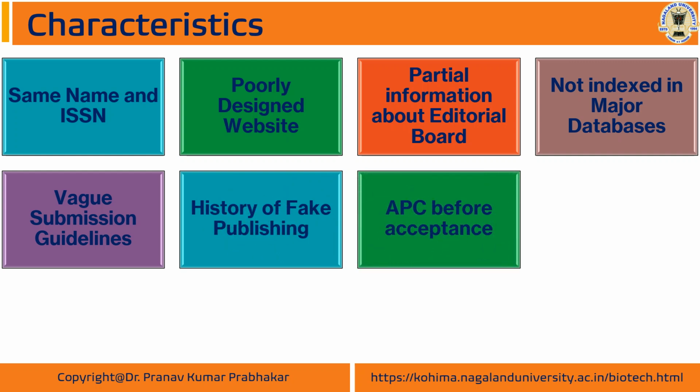Then APC before acceptance. APC stands for article processing charges. Journals normally publish in two different ways. One is subscription based, where if I want to read an article, I have to subscribe. In subscription based journals, the author need not pay anything.